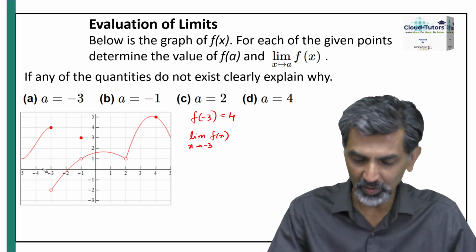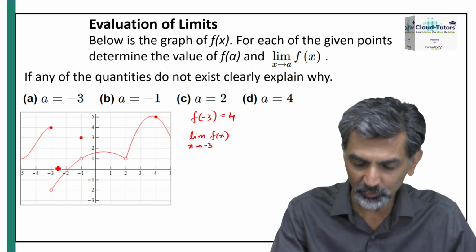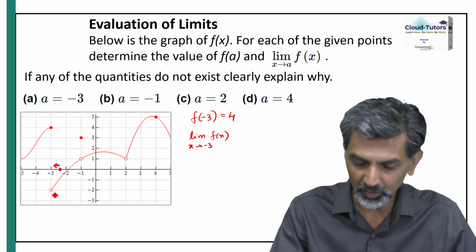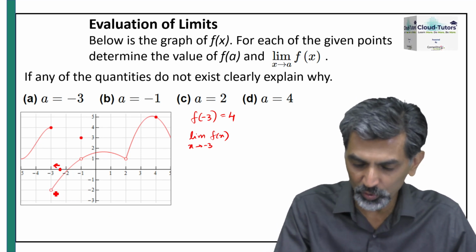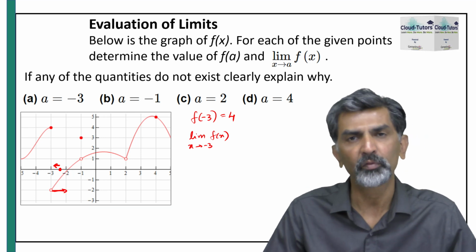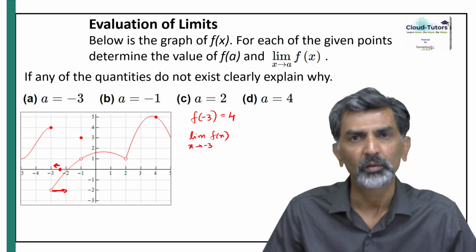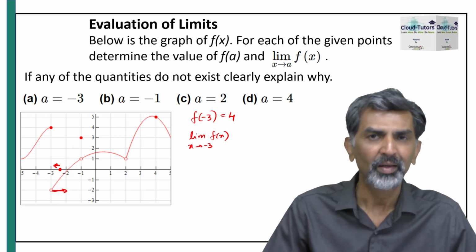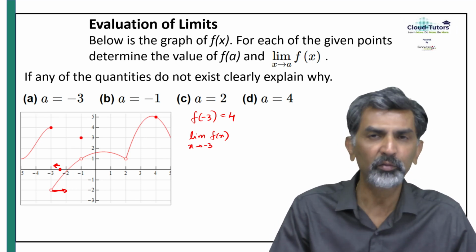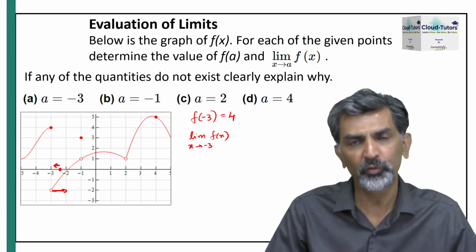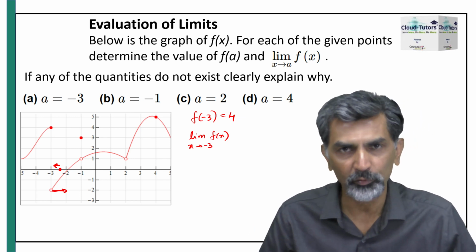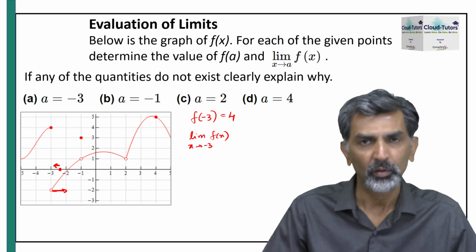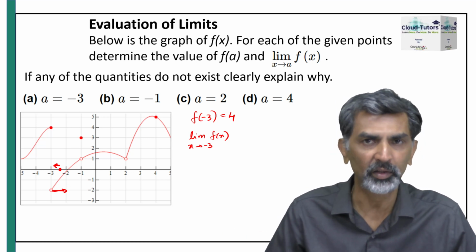And as you approach x is equal to negative 3 from the right hand side, you can see that the value of the function approaches negative 2. So the value of the function as x approaches negative 3 from the left hand side is different from what happens to f of x when you approach x is equal to negative 3 from the right hand side.